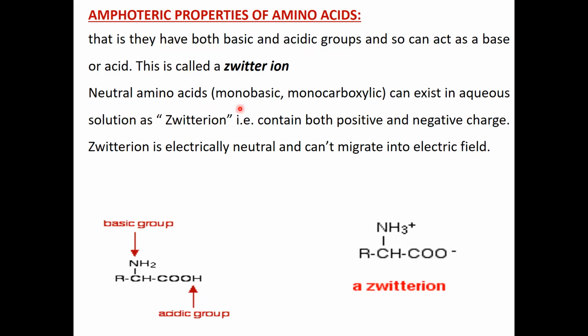So a neutral amino acid, a monobasic acid, exists in aqueous solution as a zwitterion containing both negative and positive charge. This is the acidic group. This is the basic. But the zwitterion is electrically neutral and can't migrate in an electrical field.